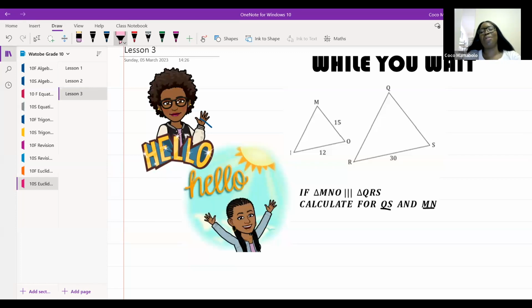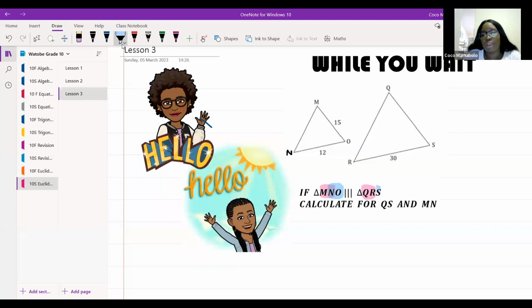Okay, I'll give you a quick refresher. Remember that the sides are always going to correspond. So if I highlight MN, which side on the other triangle is going to correspond with MN? QR, the first two. And if I highlight NO, which one is that going to correspond with?